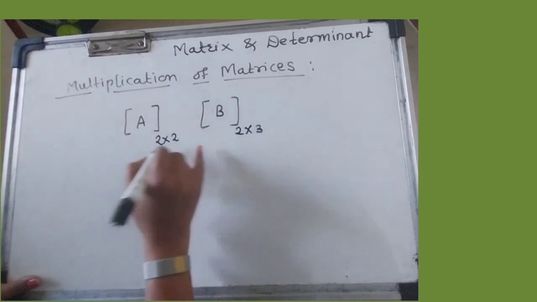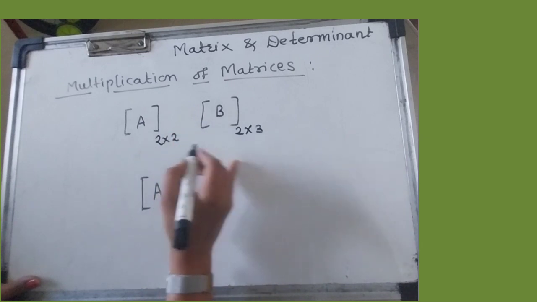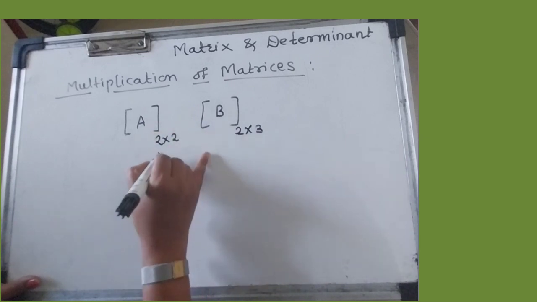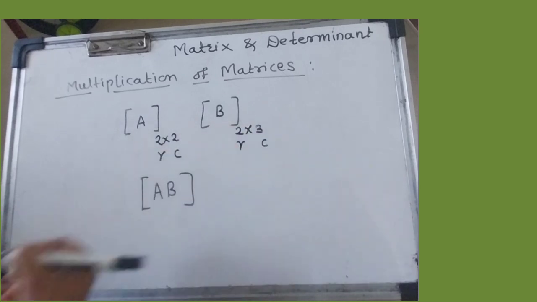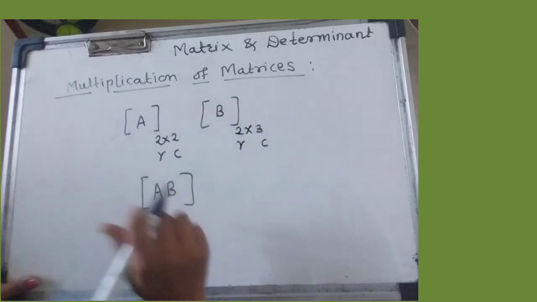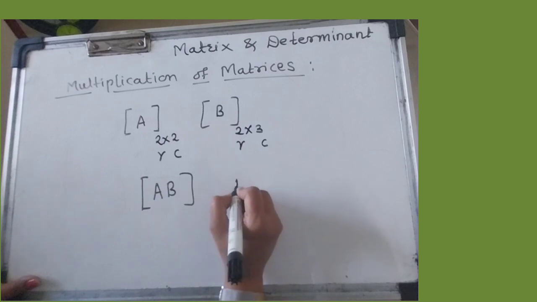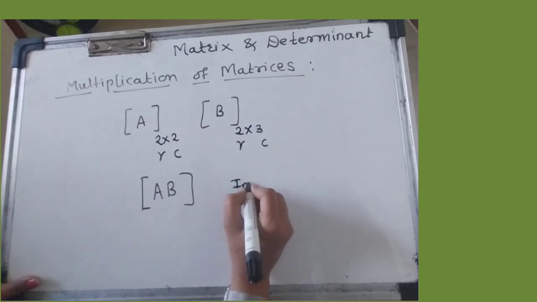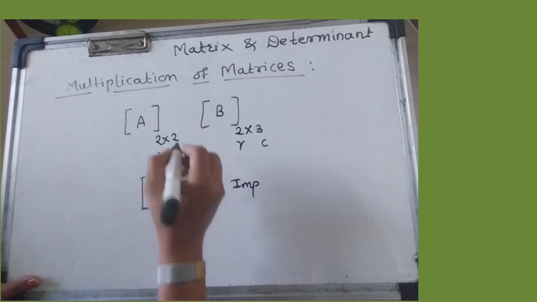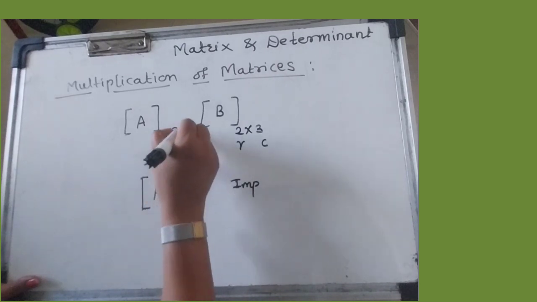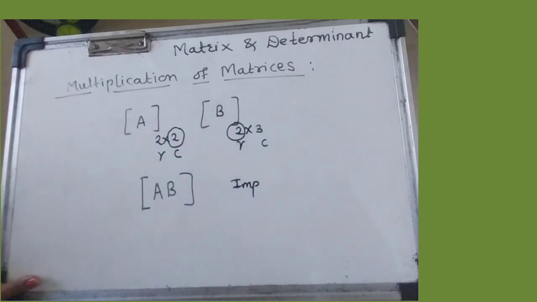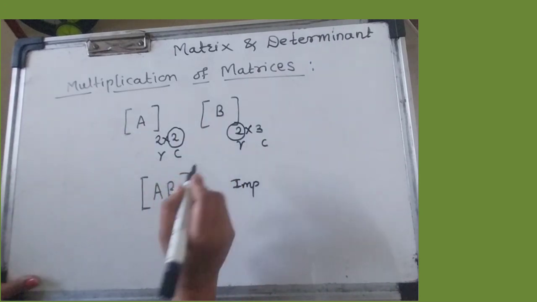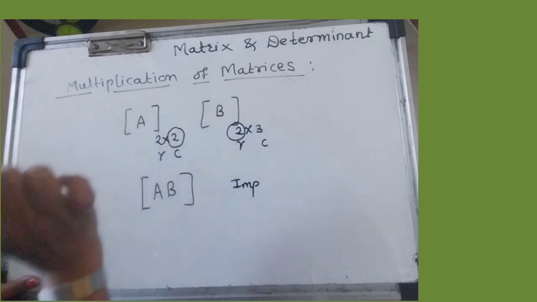In the first session I already told you this is row, this is column. For multiplication there is one important condition. What is that? The number of columns of the first matrix is equal to the number of rows of the second matrix. Then only we can take the product of these two matrices.